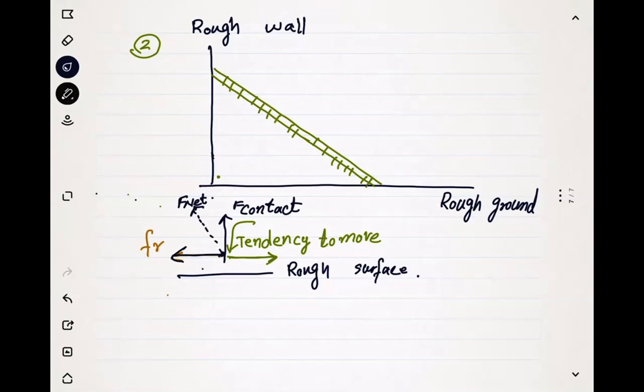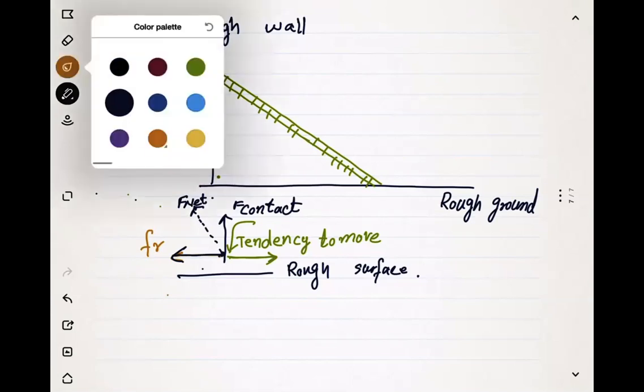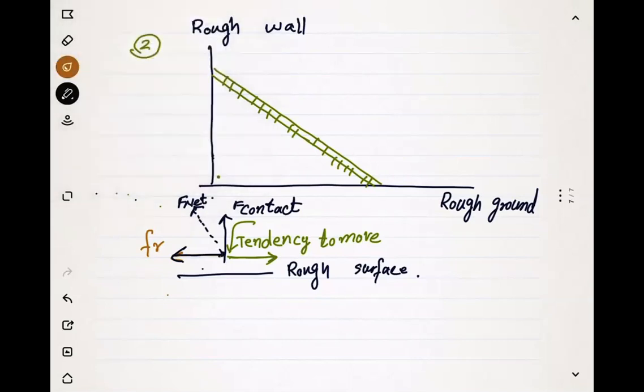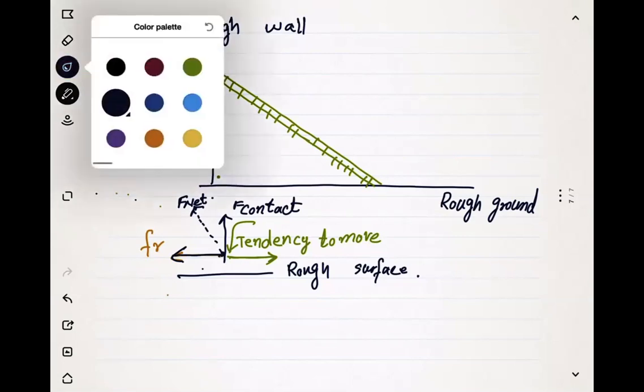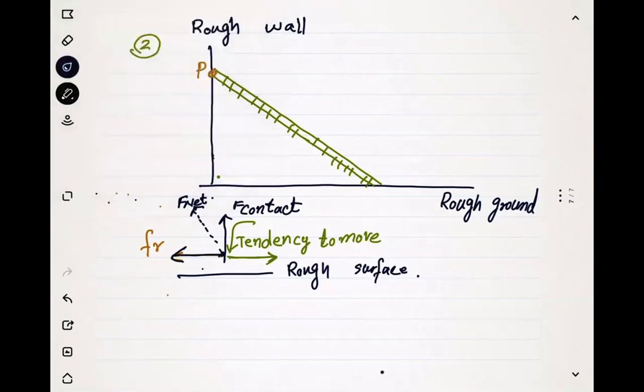Now, the wall is rough and the ground is also rough. If we focus just on point P, there will be two forces. Now just think about that. If this ladder falls, then point P will slide downwards.